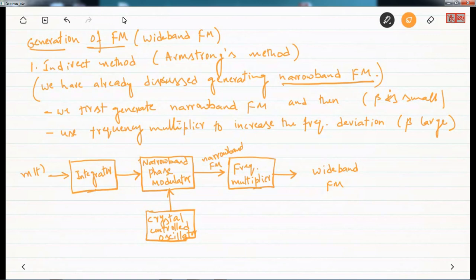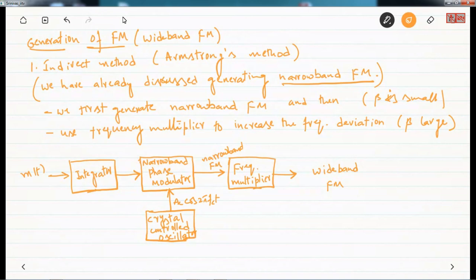So if you have noted this, then let's start analyzing this circuit, this block diagram. This crystal controlled oscillator is nothing but to give a stable carrier signal. So this is the carrier signal. You can write this as A_c cos 2 pi f_c t, right?